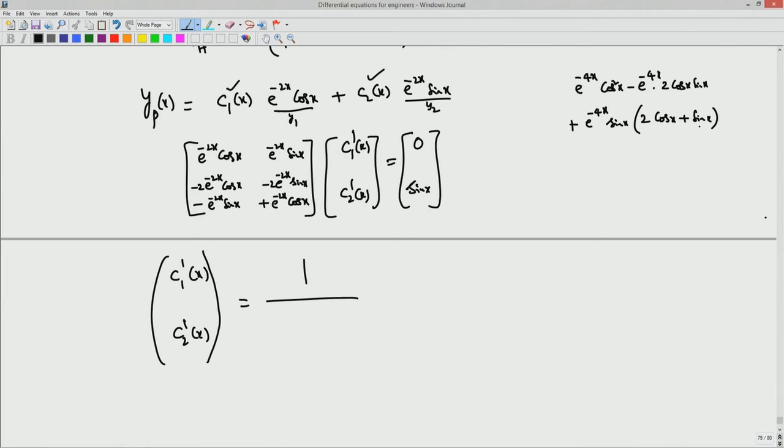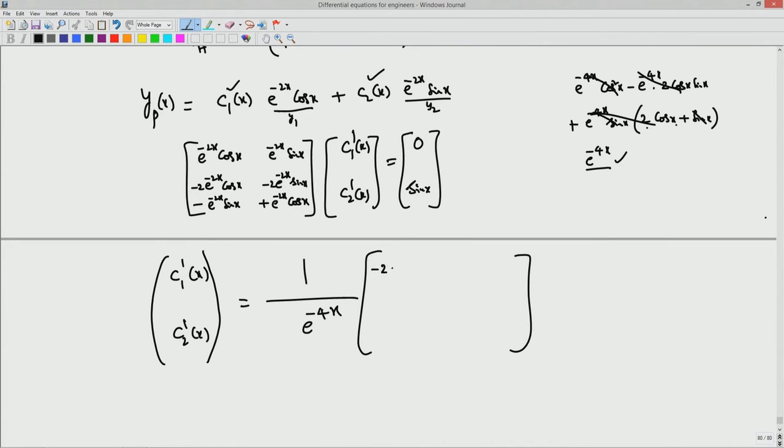So, this is what you have. So, sin square will become minus e power minus 4x, this term and this term goes, and this is simply 2 cos x sin x, and this is minus minus goes. So, you simply have e power minus 4x.